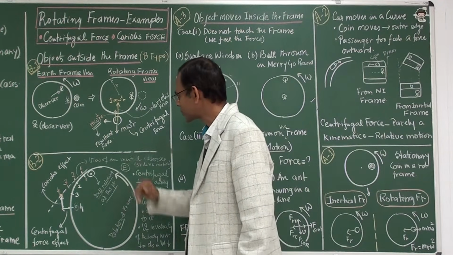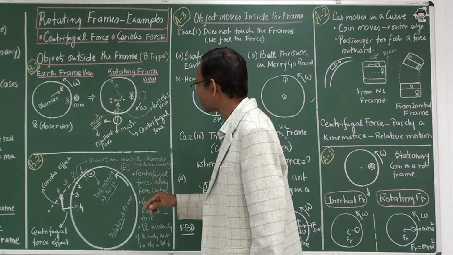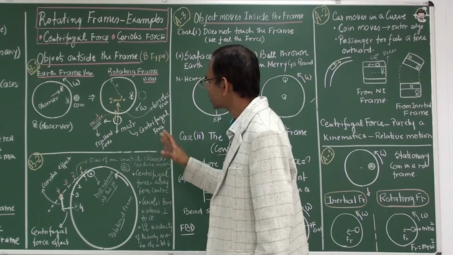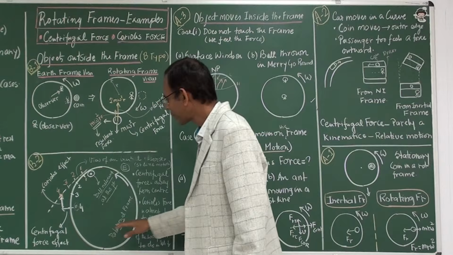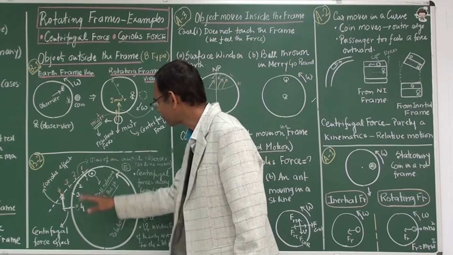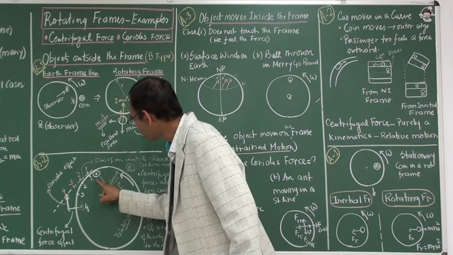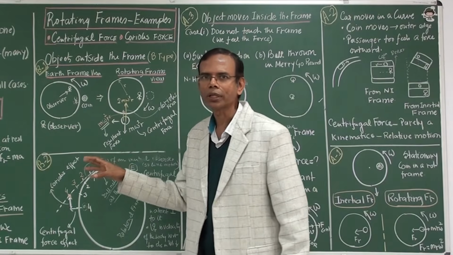Okay, so let us go to the next example, and this example is very similar to the one before, but a little bit different. Here there is a frame which is rotating, as you see. Now at this point the person releases a body.